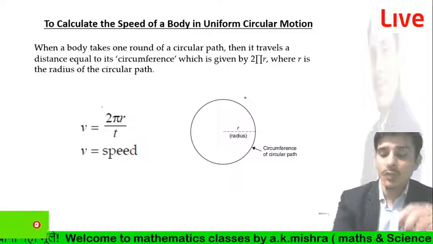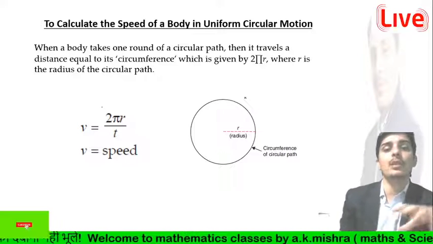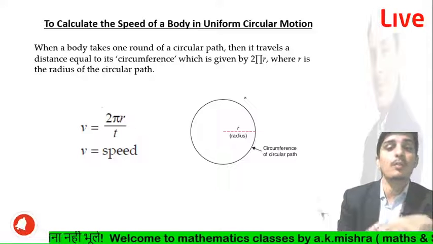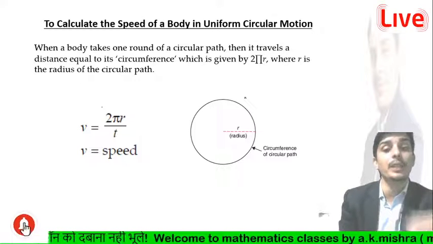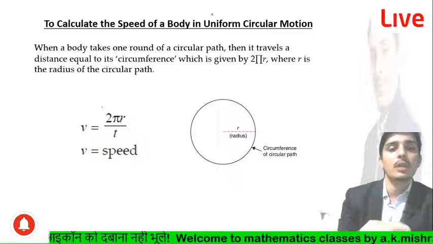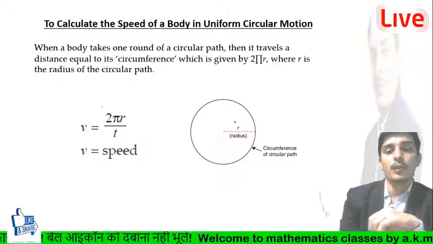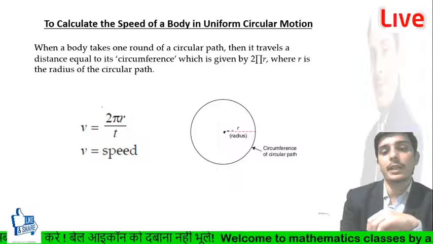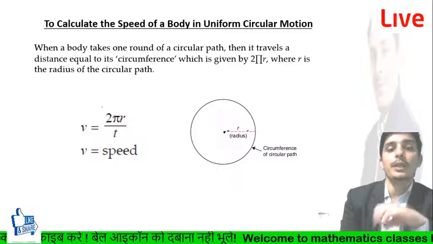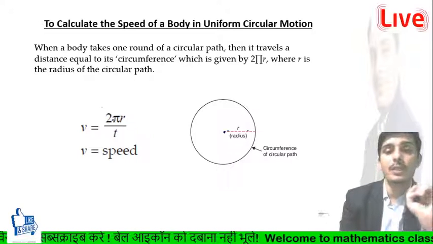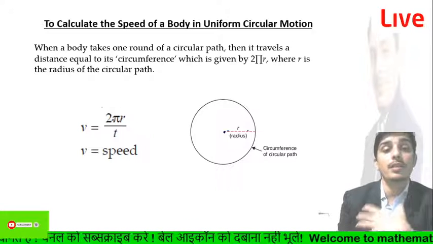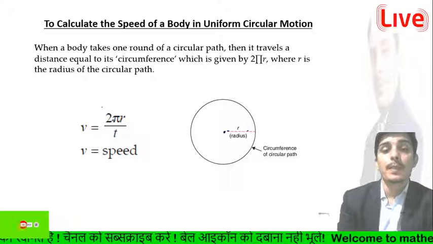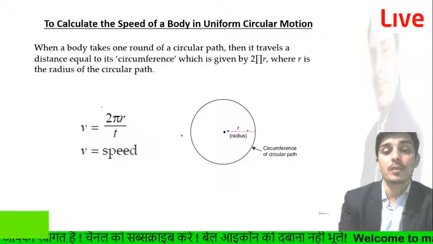Now how can we find the speed of a body in uniform circular motion, guys? Take the radius, right? When a body takes one round of a circular path, it travels a distance equal to the circumference, which is 2 pi r, guys, right?